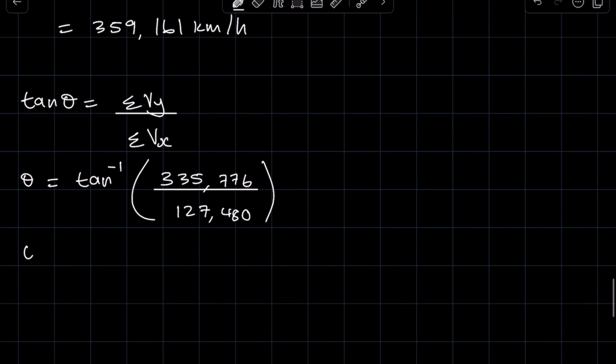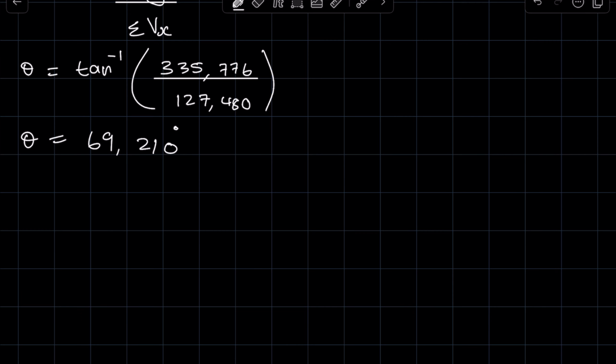Punching this in our calculators, we get arctan of 335,776 divided by 127,480. So this becomes 69.210 degrees.